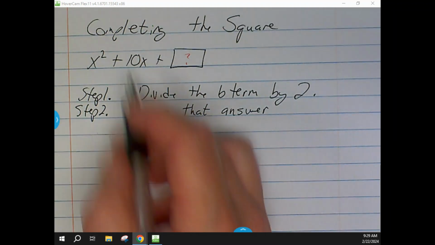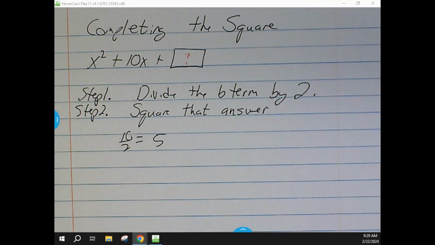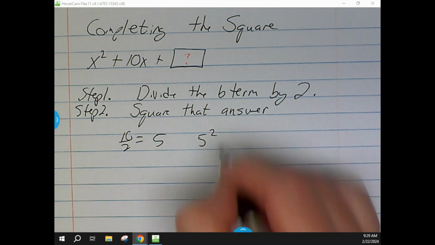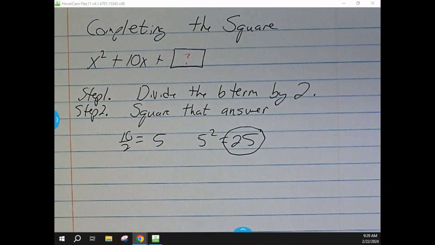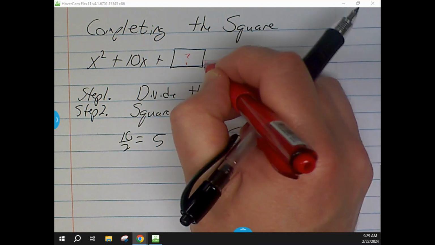So for this problem, we take 10 divided by 2, which is 5. We take that answer, 5, and square it. So the answer that would complete the square is 25. That's the answer that would go in the box here.